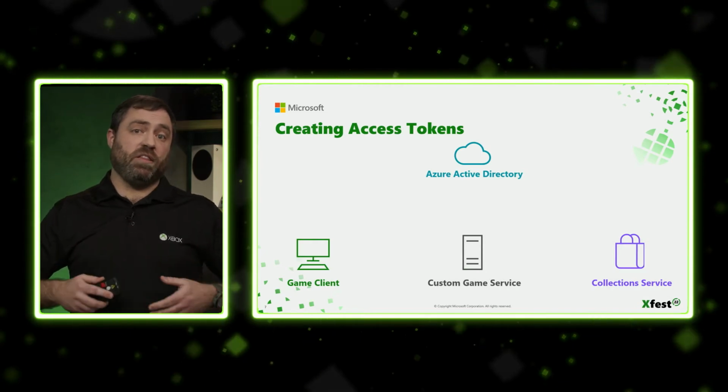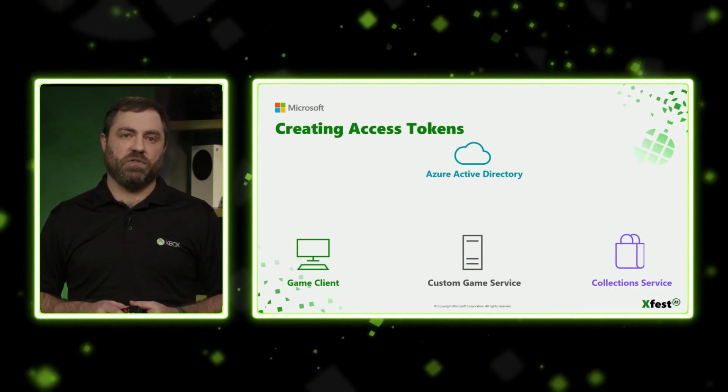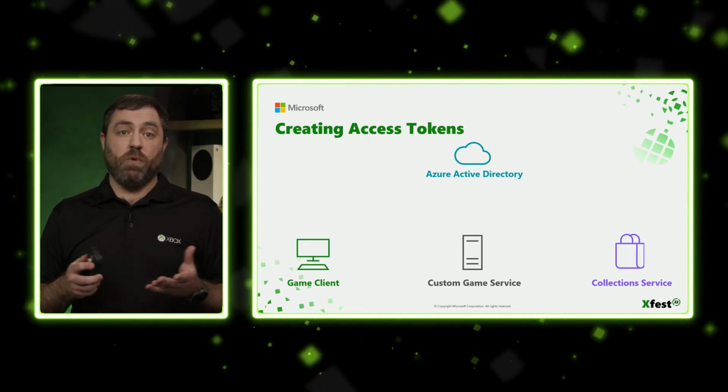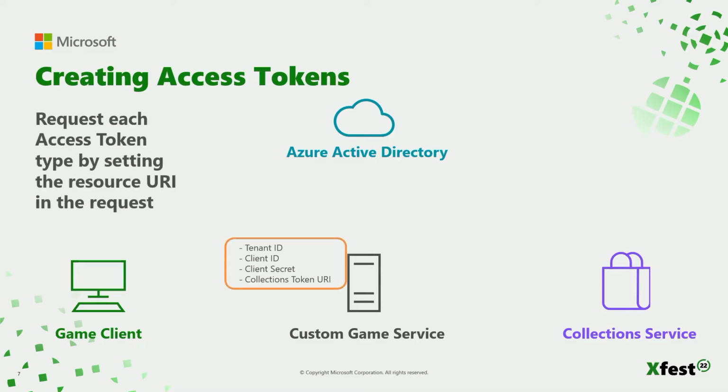Let's take a look at the authentication flow from start to finish using these values. Here, we have our custom game service, and we want to call the collection service to see the user's entitlements. First, we generate the collections access token by passing our tenant ID, client ID, and the client secret, and the collections URI resource parameter.